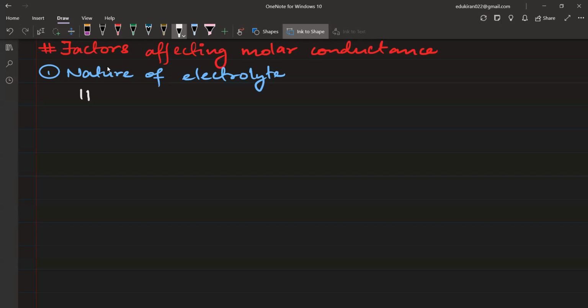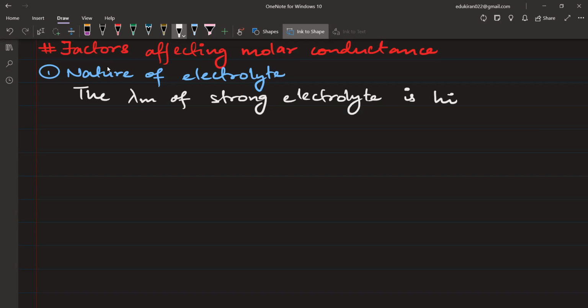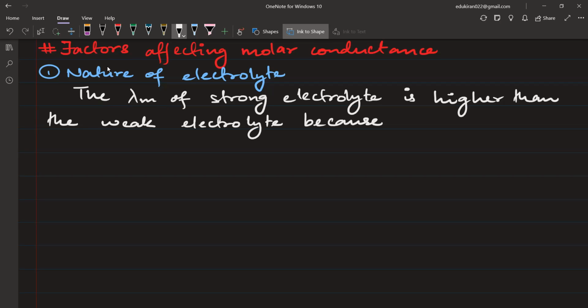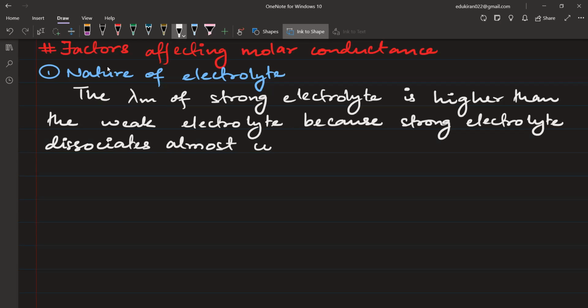The molar conductance of strong electrolyte is higher than the weak electrolyte, because strong electrolyte dissociates almost completely.